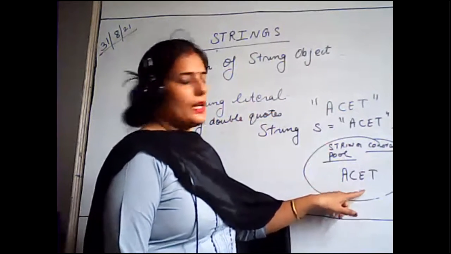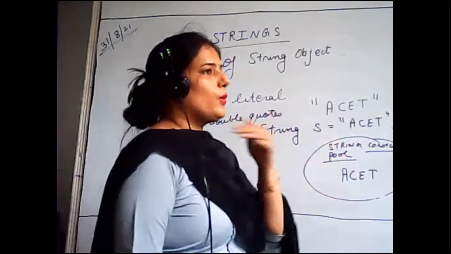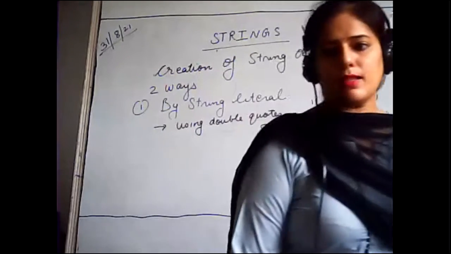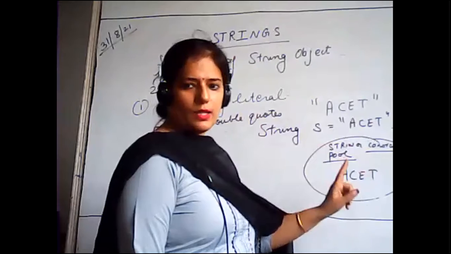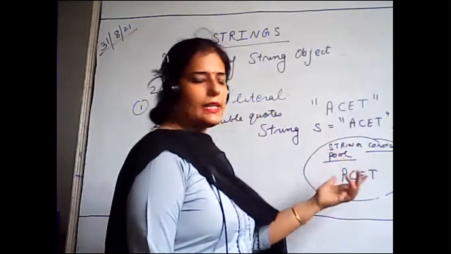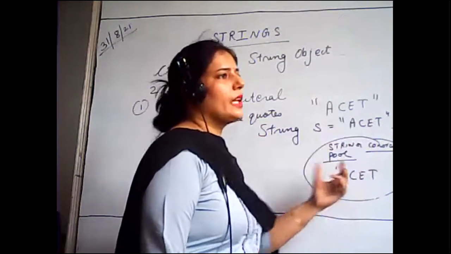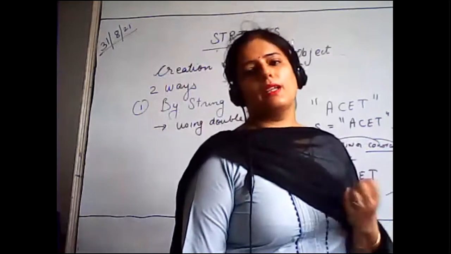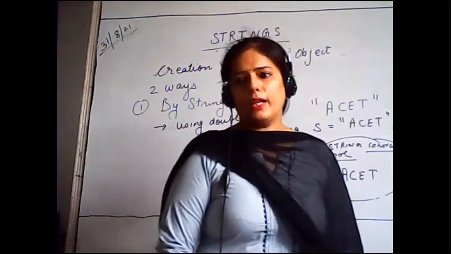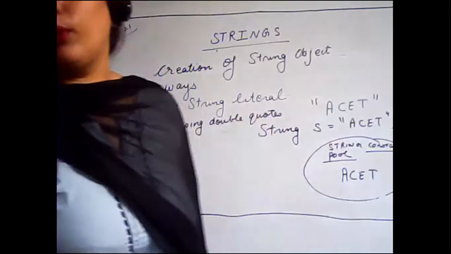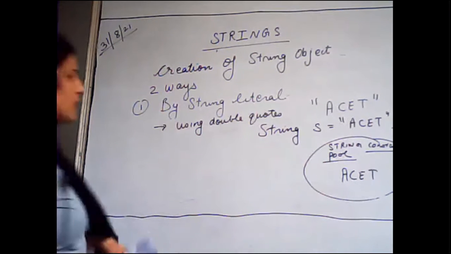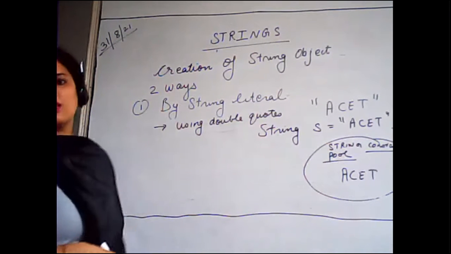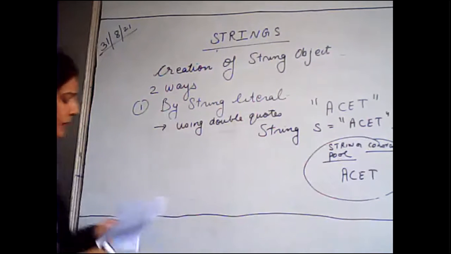Let's suppose in a code we are using ACT 2-3 times. It will create that string only once, and any time in future that you use that string, it will refer to the same object in the constant pool. This is how we can represent the string constant pool.